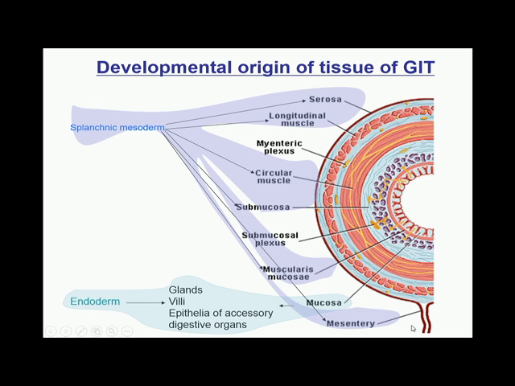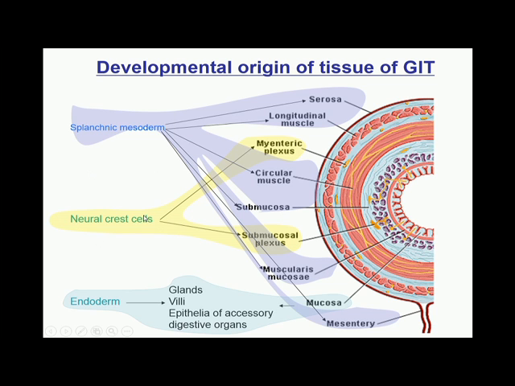And again, the mesentery, which is part of the peritoneum, are all developed from the splanchnic mesoderm. Then, other than those two components, the splanchnic mesoderm and endoderm, there's another important component in the embryo which gives rise to the GIT: the neural crest cells.